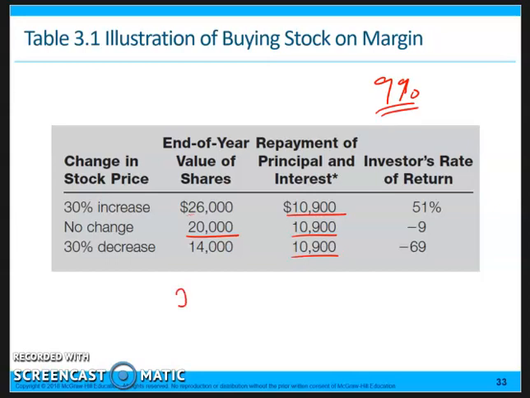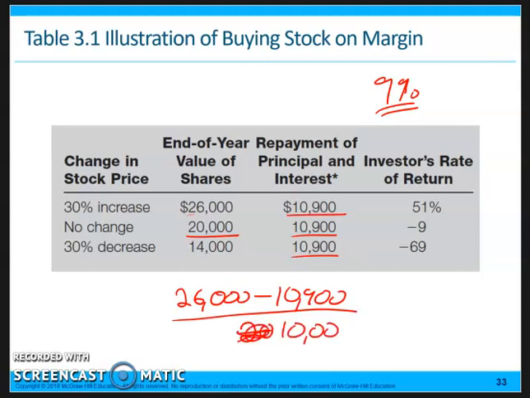So that's $26,000 minus $10,900 divided by, all right, $10,000. You divide by the amount you have invested. Is that right? No. Sorry, I messed that up.